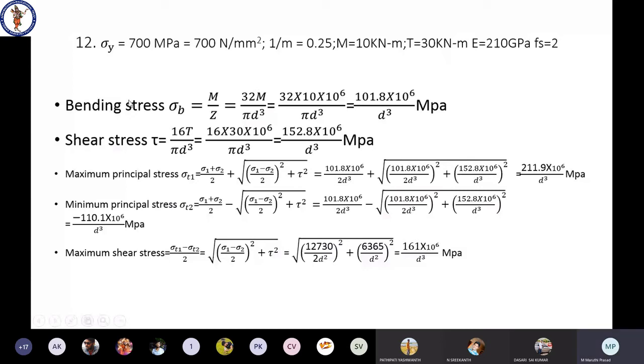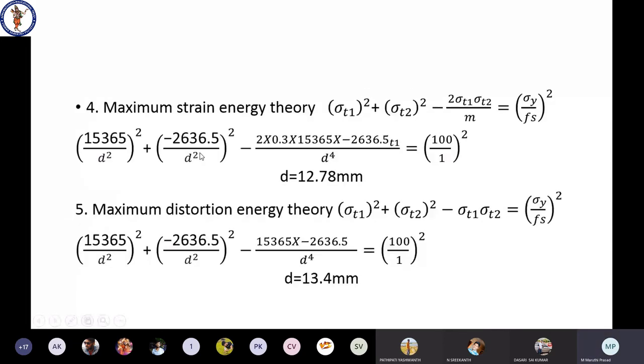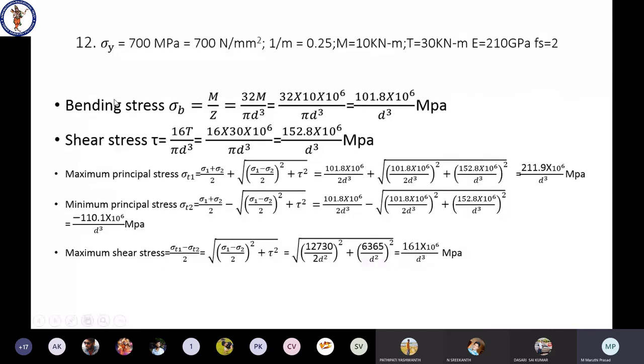So first we are calculating bending stress. Bending stress is equal to maximum bending moment by section modulus. For a circular shaft, the section modulus is pi d cube by 32. So by substituting those values, it becomes 32 M by pi d cube. M is the moment already given here, 10 kilonewton meter, which should be converted into Newton millimeter. 1 kilonewton equals 1000 Newton, and 1 meter equals 1000 millimeter.